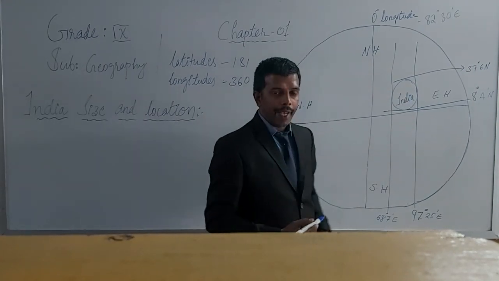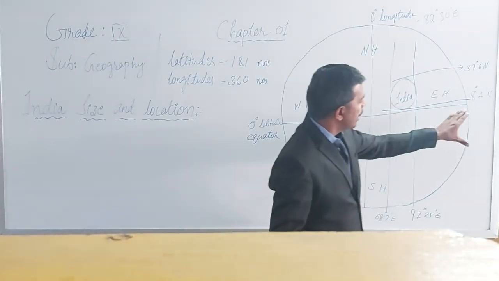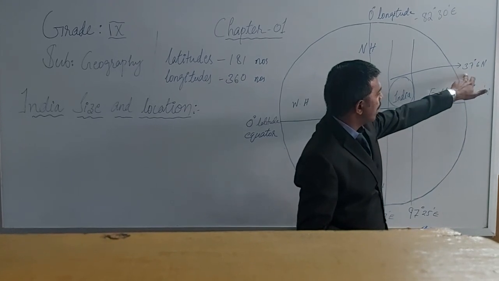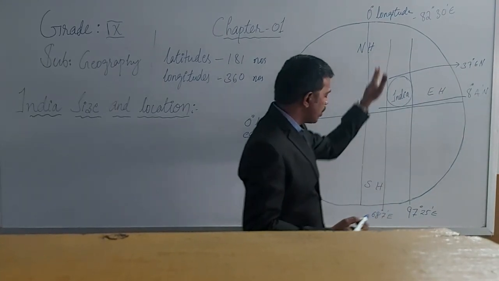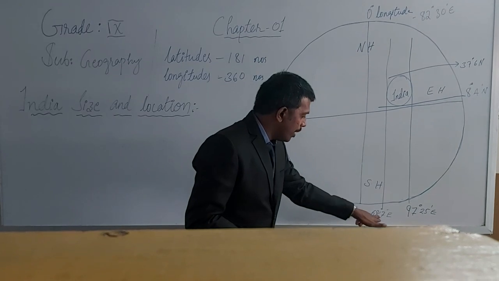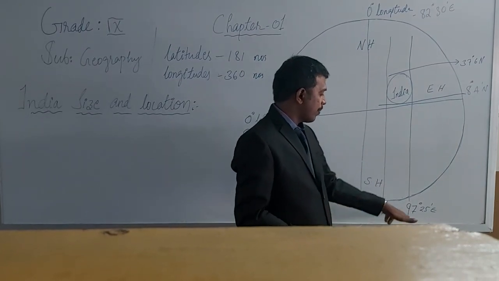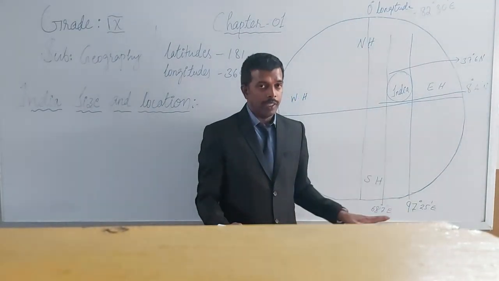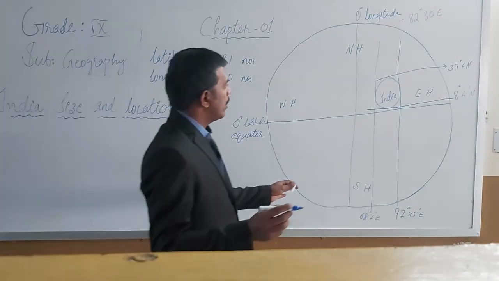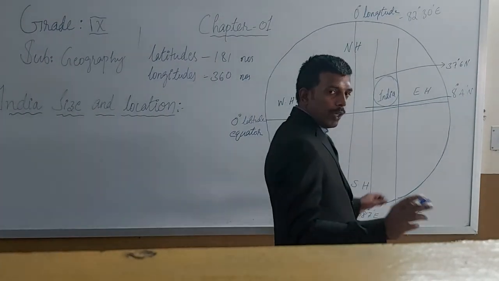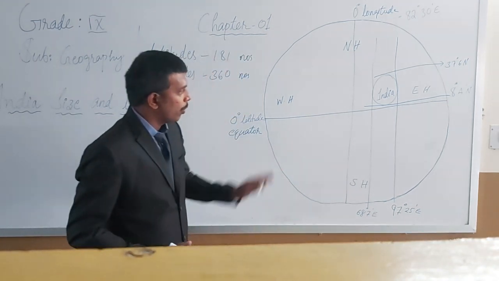The latitudinal extent of India is 8 degree 4 north and 37 degree 6 north, and the longitudinal extent is between 68 degree 7 east and 97 degree 25 east. Okay. I want to tell two more points from this topic.